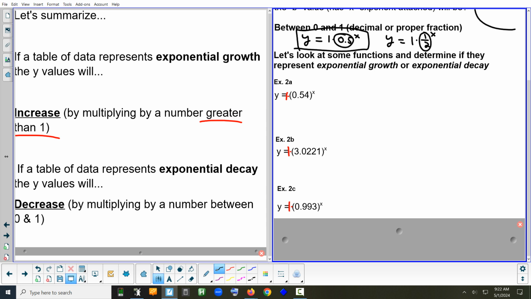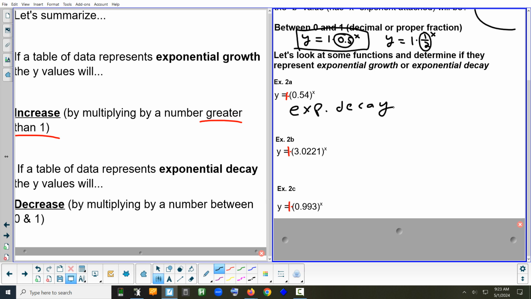Is that greater than 1 or is that between 0 and 1? Between. Yeah, between 0 and 1. So is the first one exponential growth or exponential decay? Decay. Yeah, I saw some people just wrote decay. That's fine. I mean, technically, they said write exponential growth or exponential decay. But that's so, exponential decay.